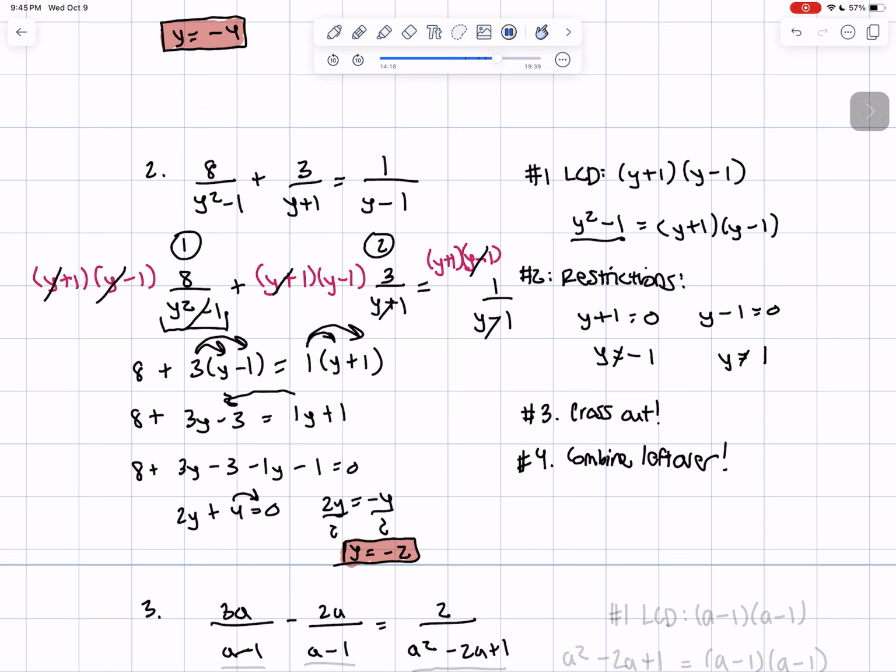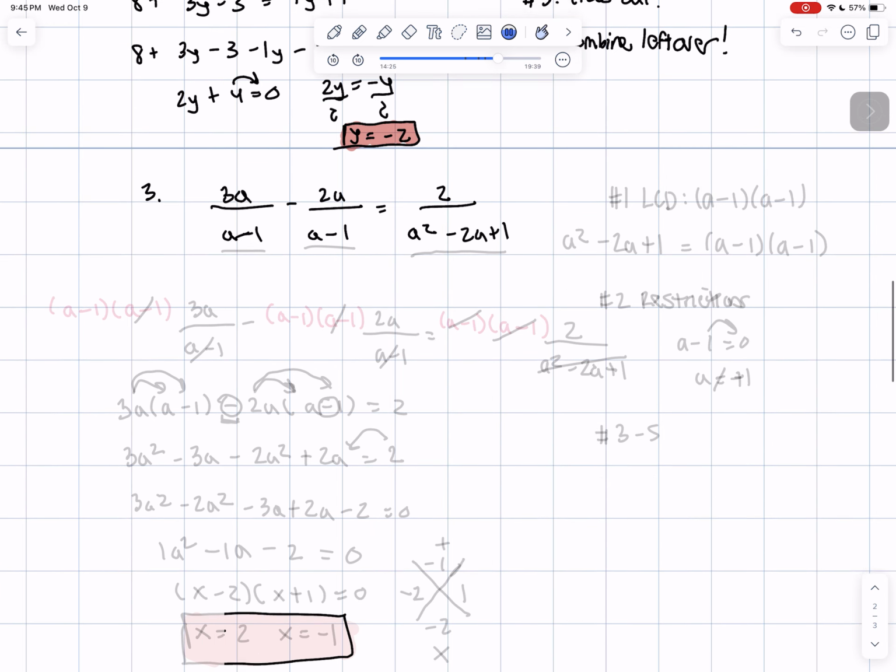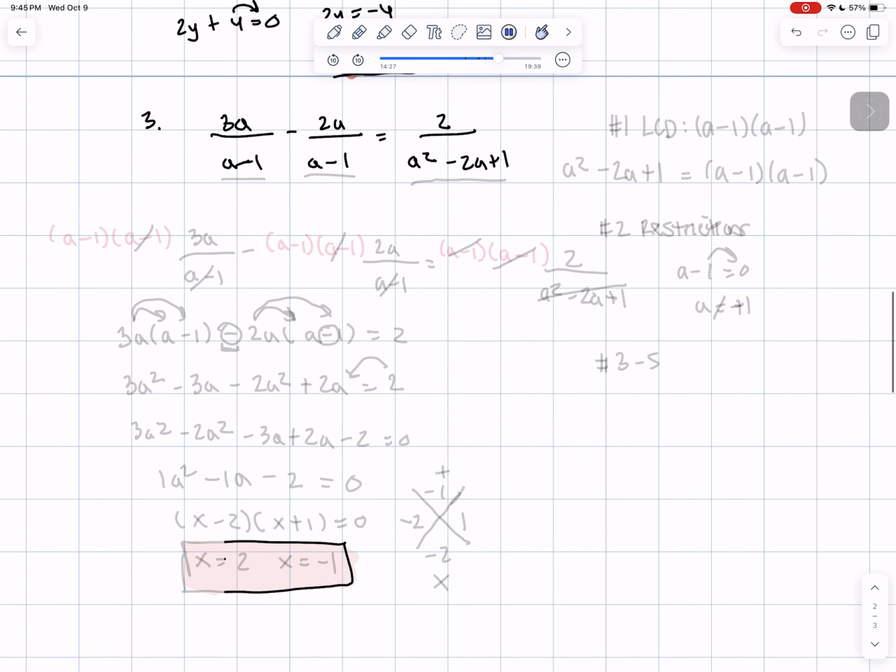Okay, welcome back. So we're going to do this process the same way again. So number 1, I find my LCD. So our LCD is going to be this expanded. If you notice, this one's going to be a little bit different because we have two a minus 1s.